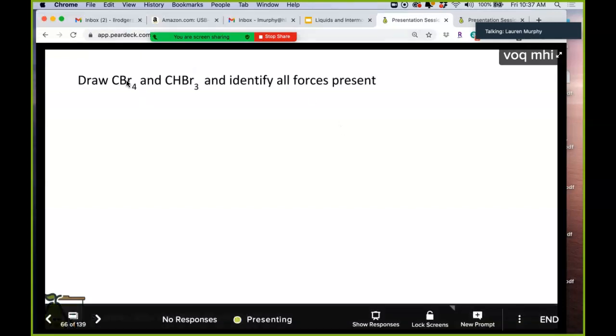Okay. Please draw these 2 molecules and identify all forces that are present.